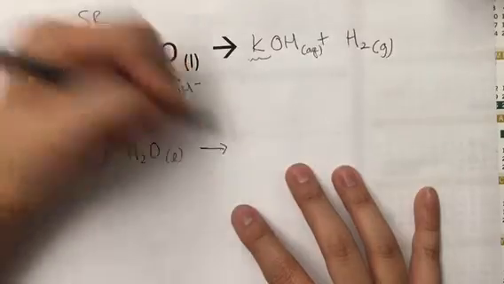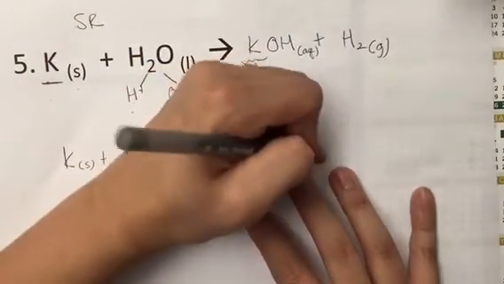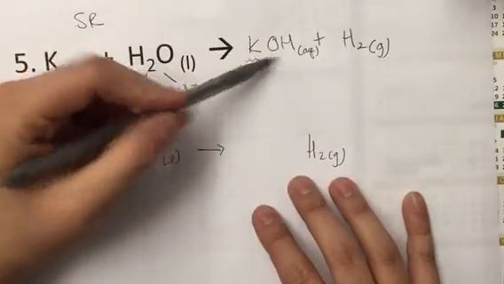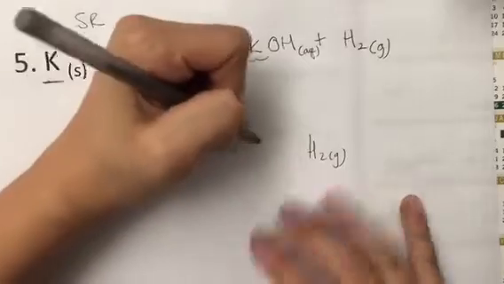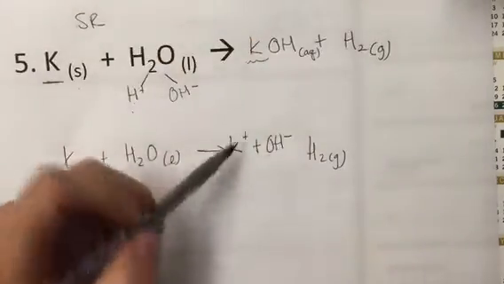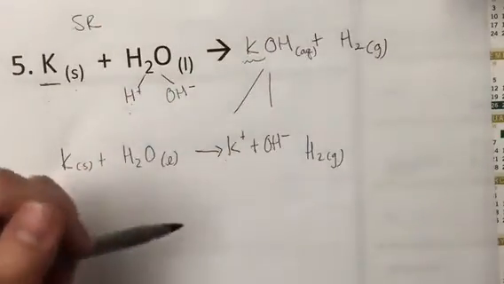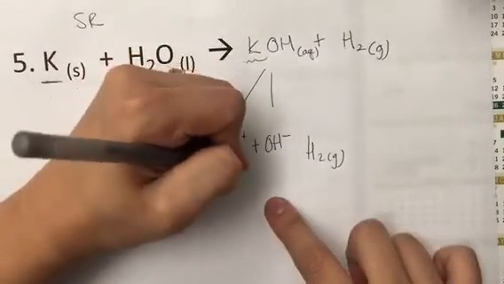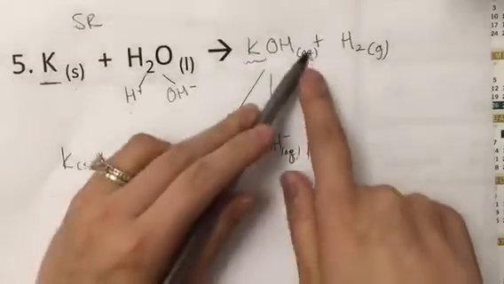And then I am going to leave the gas alone, but I am going to break this apart. So I am going to say K is like this, potassium is like that, and then I am going to add the hydroxide like this because this broke apart, okay, because that was aqueous. Now, this is this one, and this is that one, and I got that from that.